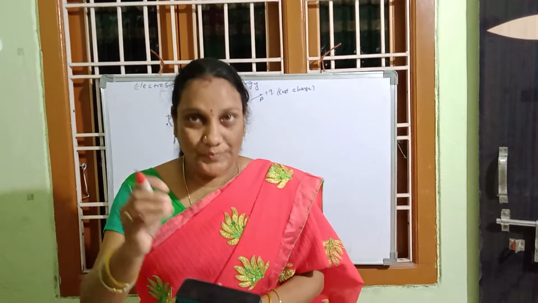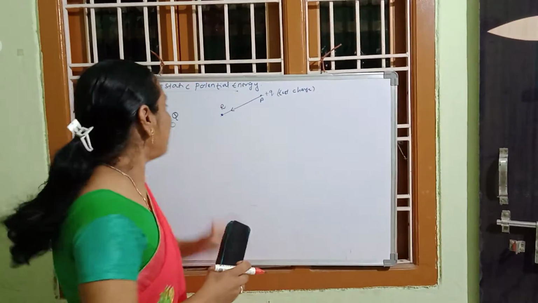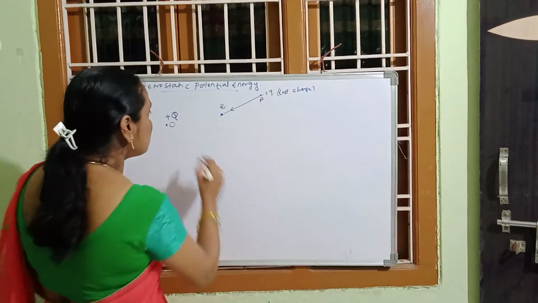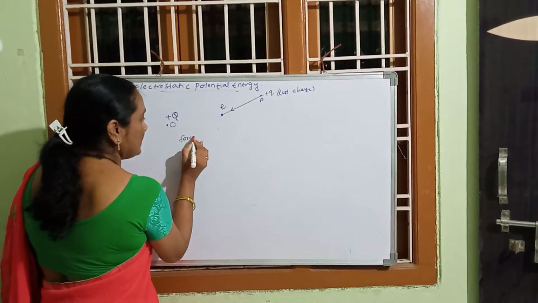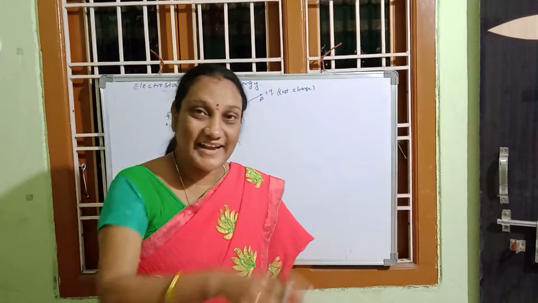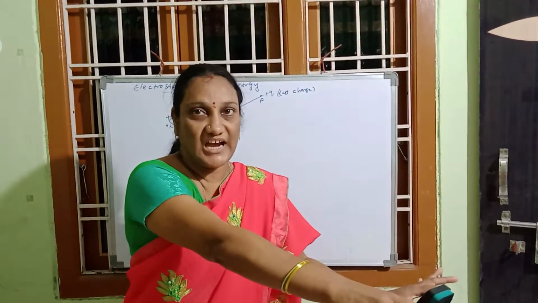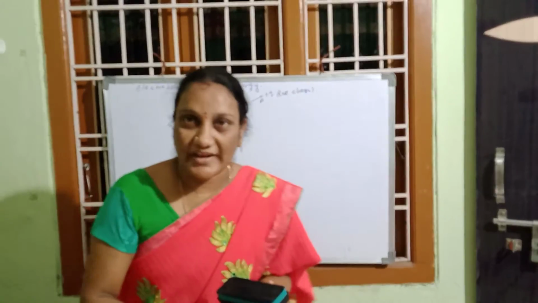Certain work has to be done on the test charge to bring it from infinity towards the reference point R against the electric field produced by this Q. So to do the work, what do we have to do? We have to apply some external force on the test charge to do work. Then only it can come towards the reference point R.